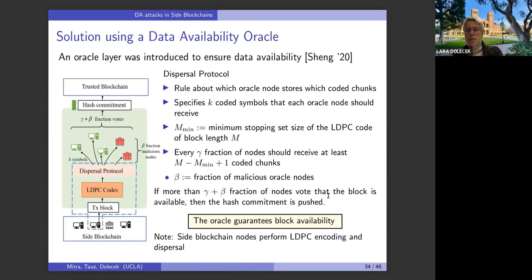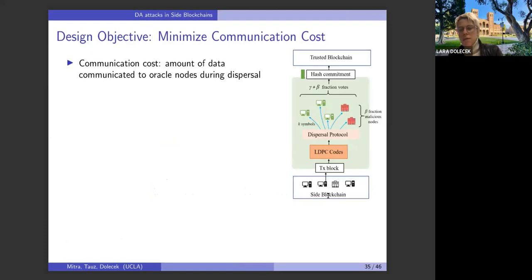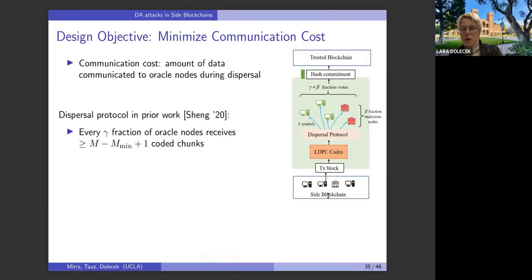Just as a side note, it is the side blockchain that performs LDPC encoding and dispersal, just like in the original architecture. The goal here now becomes to minimize communication cost, which is the amount of data that is communicated to oracle nodes during the dispersal step. The dispersal protocol in the previous work says that every gamma fraction of oracle nodes needs to receive at least m minus m_in plus 1 coded chunks.